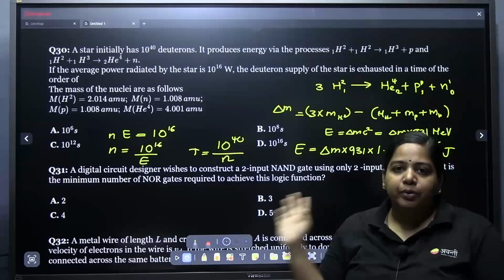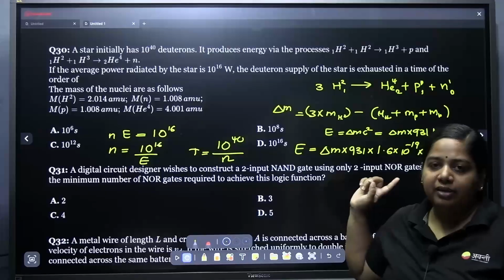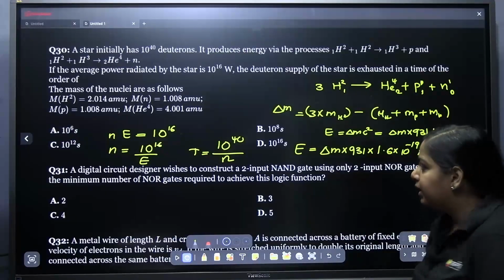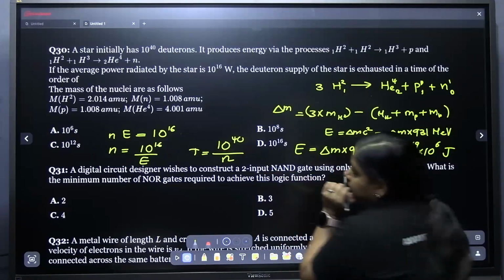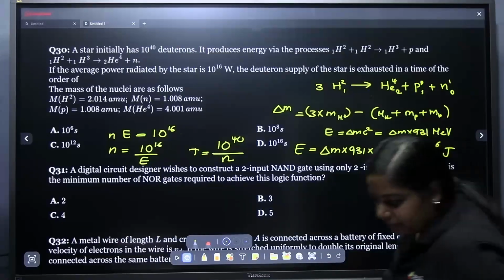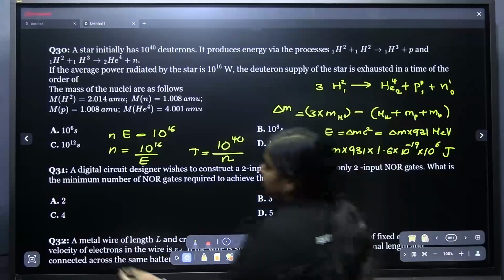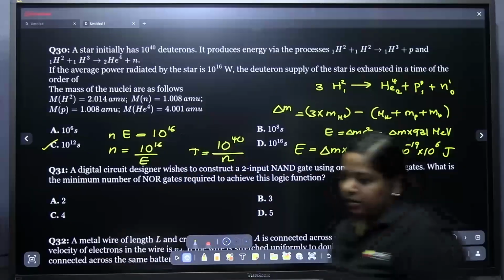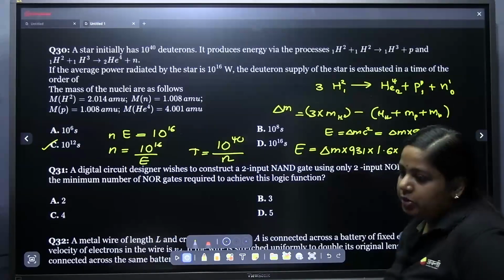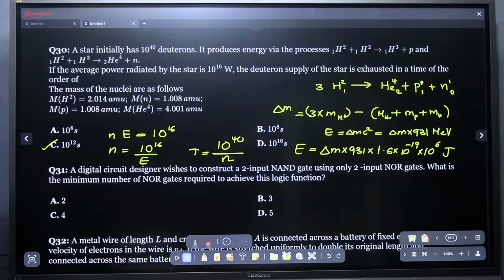So do an approximate calculation and find the power of 10 accurately. Substitute. You will get the answer option C. Make sure that you are able to solve this. Is there any doubt in this? Okay.